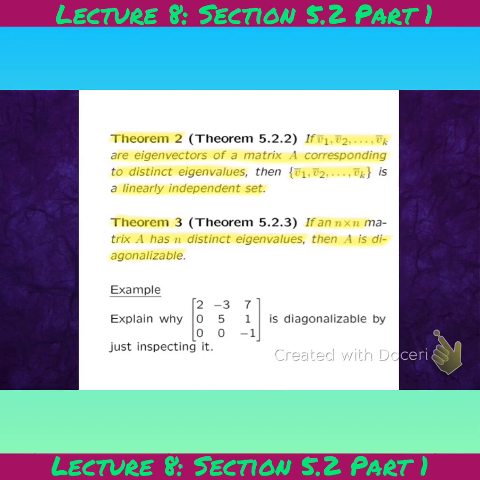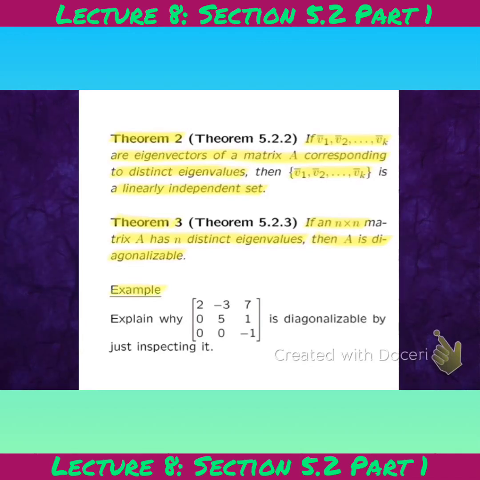And by theorem 2, these eigenvectors have to be linearly independent because they correspond to n different eigenvalues. And because it has n linearly independent eigenvectors, by theorem 1, it will immediately imply that my matrix will be diagonalizable.